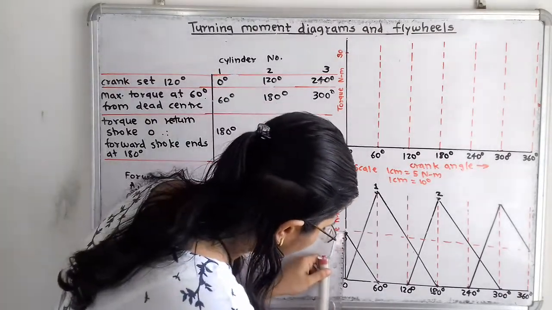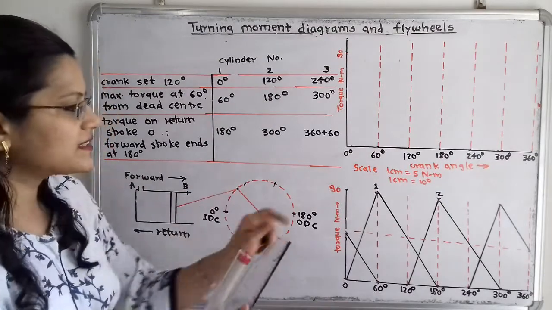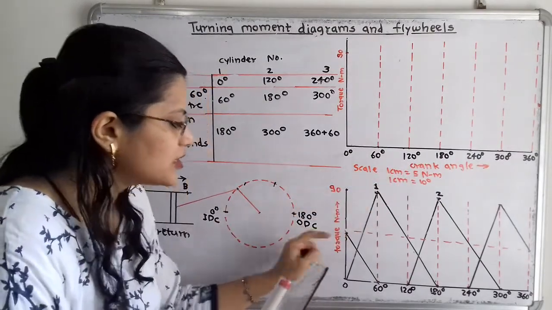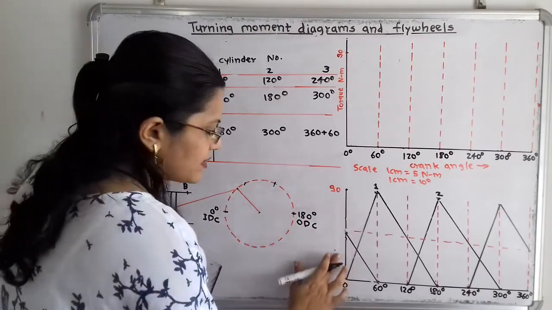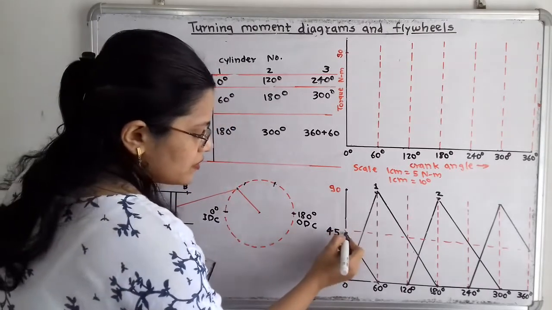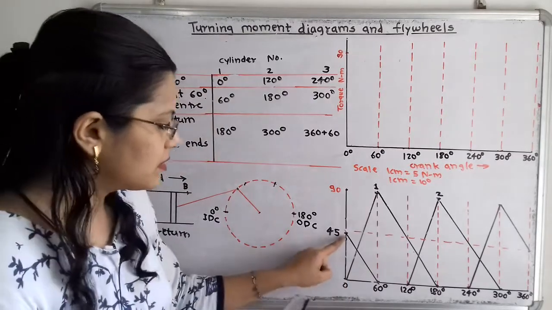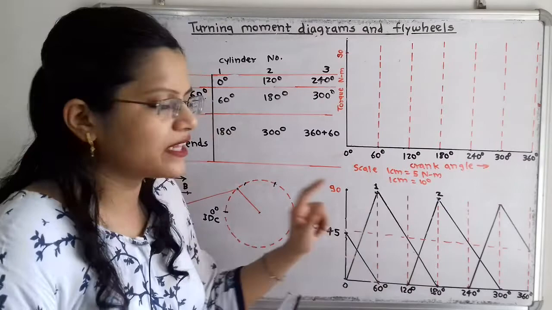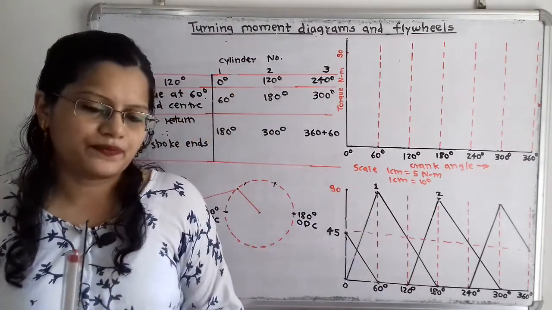If I measure this, it is equal to 9 centimeter. For this 9 centimeter with this scale, the value at this point is equal to 45 Newton meter. So I will write here, this is 45 Newton meter, and we have to show this line. In this way, the torque crank angle diagram for the individual cylinders is completed.